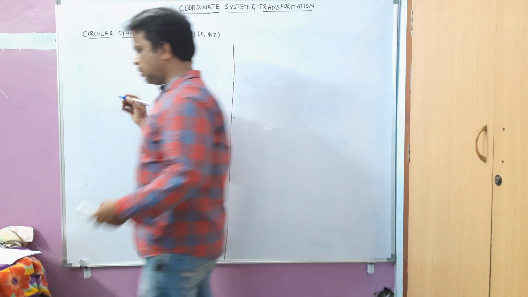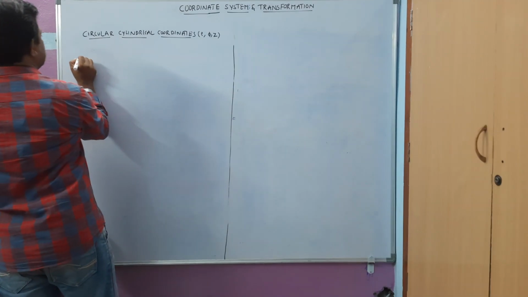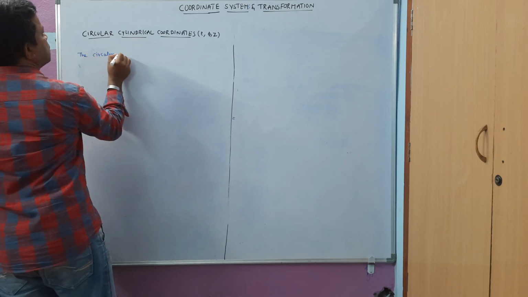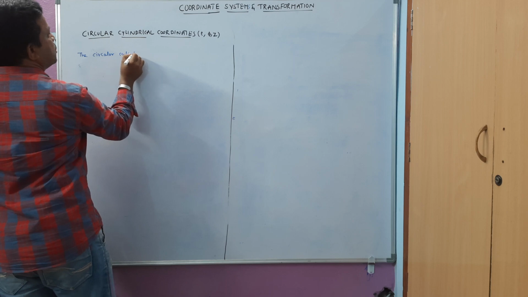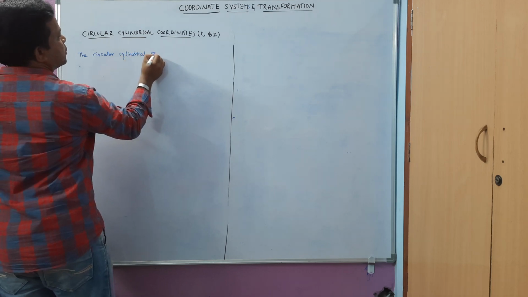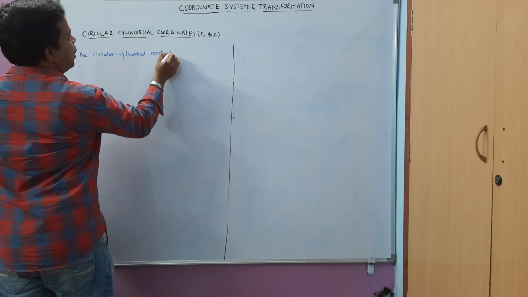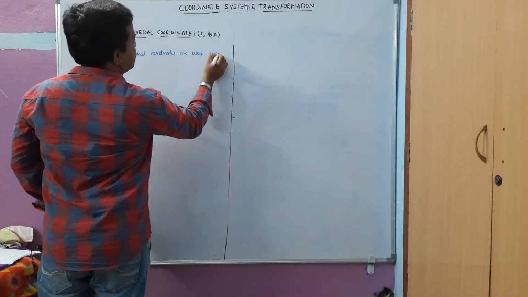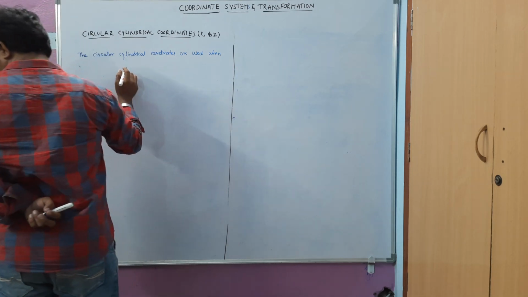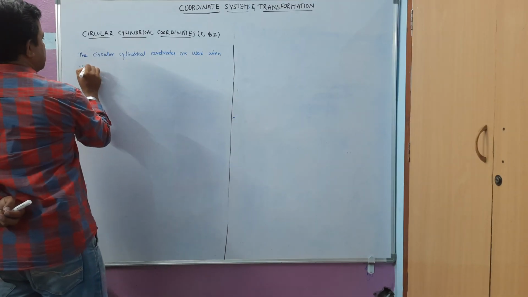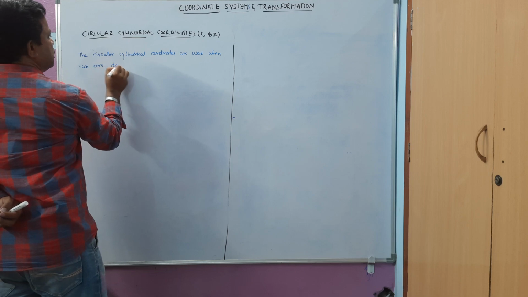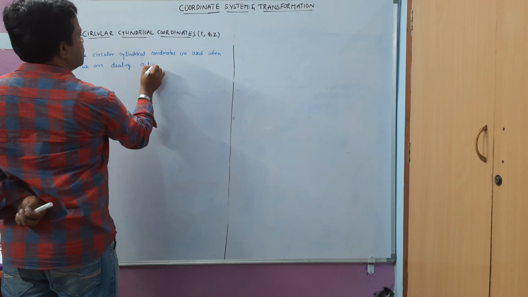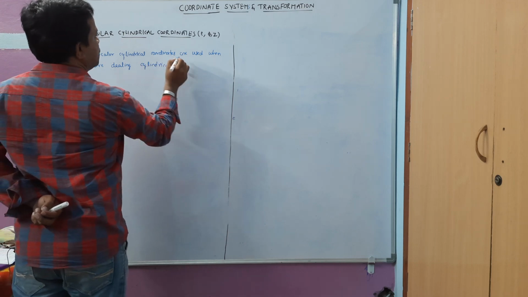The circular cylindrical coordinates are used when we are dealing with cylindrical symmetry.